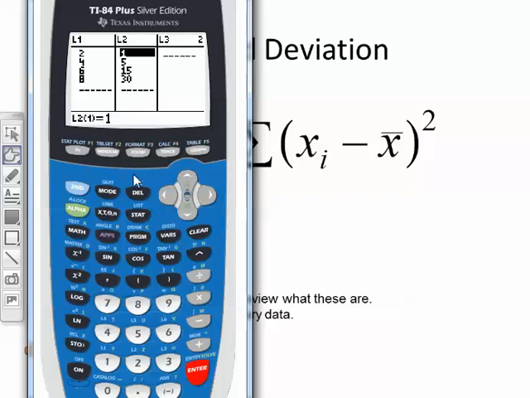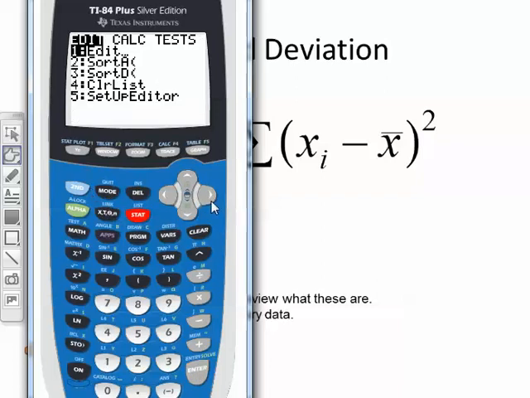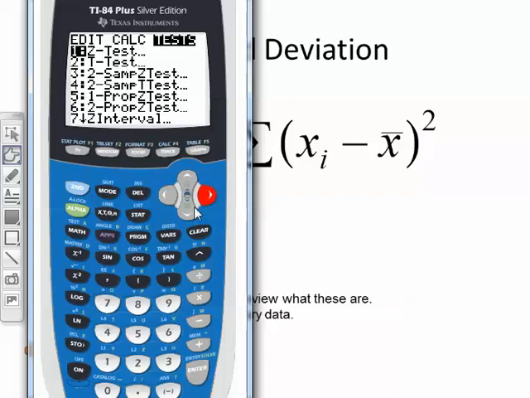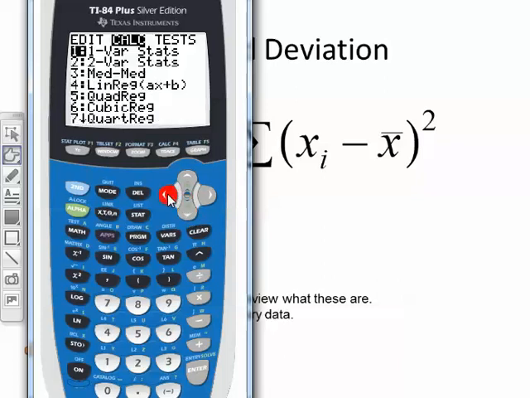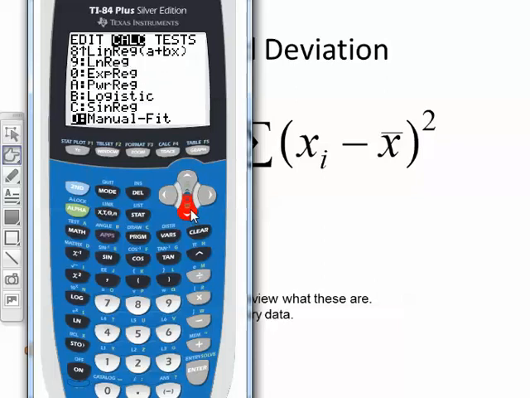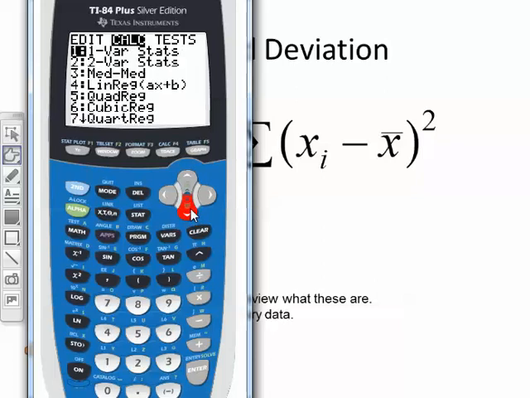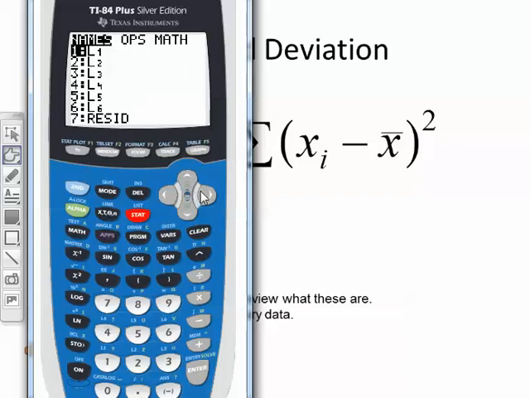What I'm going to do is press stats, and go over to test, and come down and do that. What am I missing here? Oh, is it under list? Yeah, list, math.